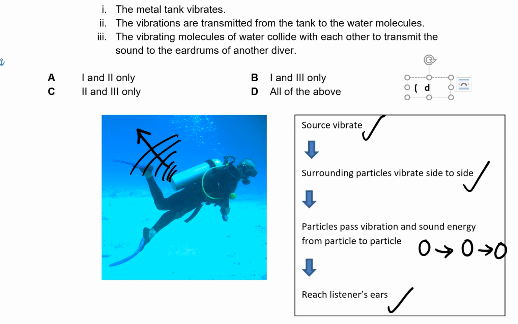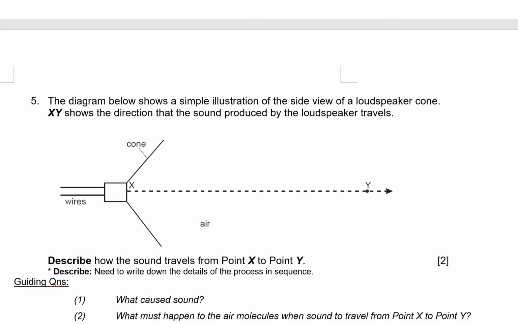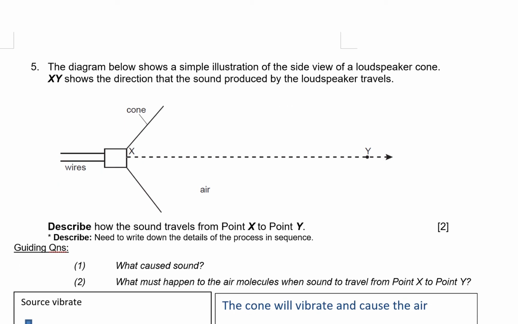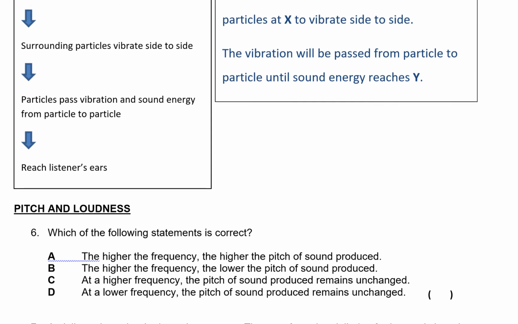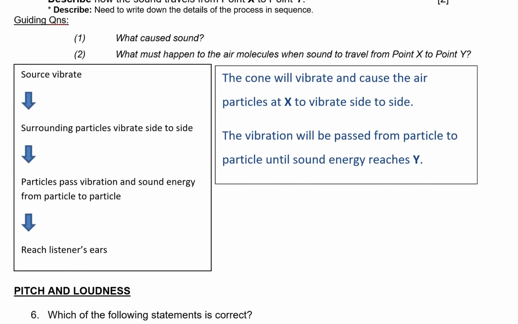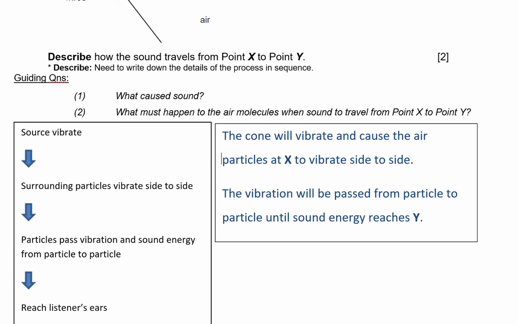Okay, so let's move on to the structured questions. The structured question talks about a simple illustration showing the loudspeaker cone. Now, please bear in mind that whenever we answer a question, we should always make sure that our answer follows the context of the question, so that it is not too general.